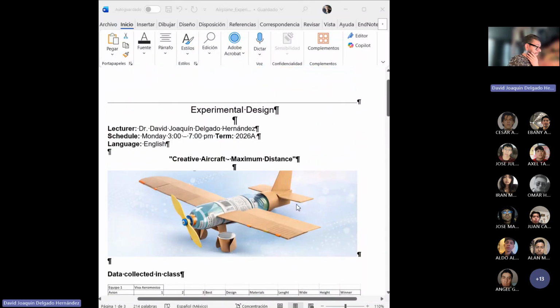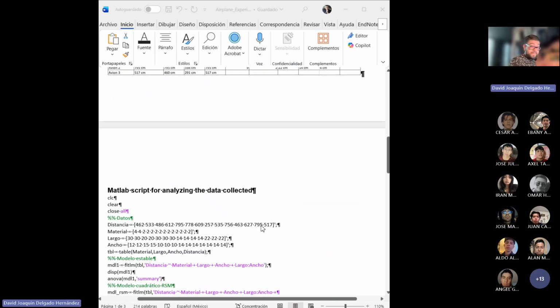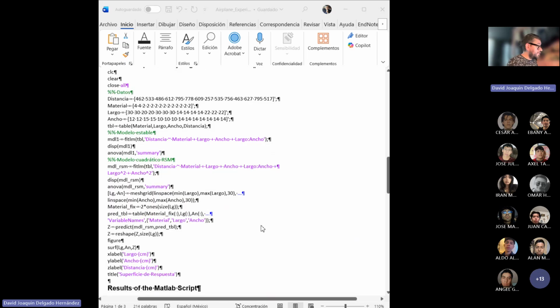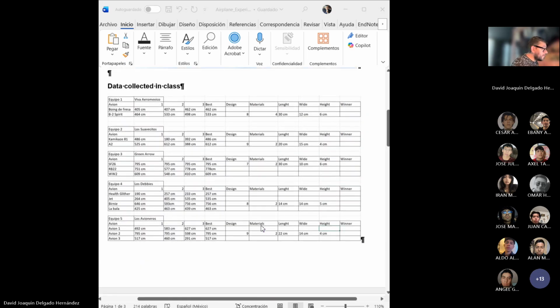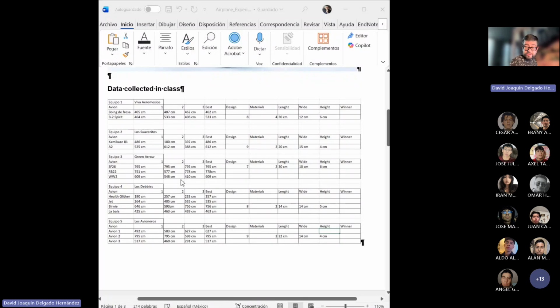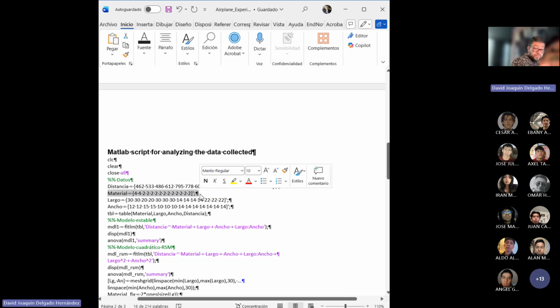I am back. So this is the data that we use in the Excel, and this is the MATLAB script. This MATLAB script, well, just quickly, you have different measures in this table. And what you should do is to put these measures, for instance, here in material, you put 4422.